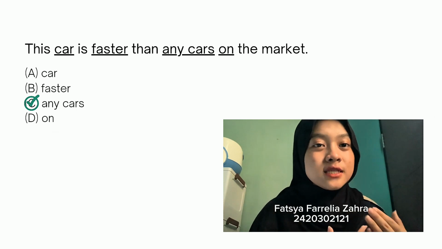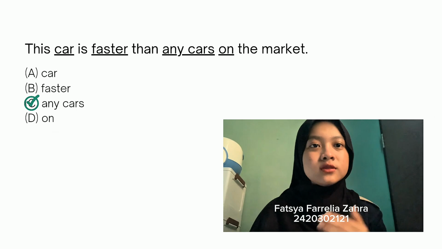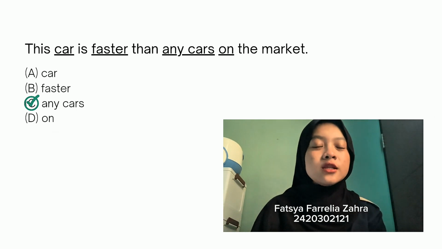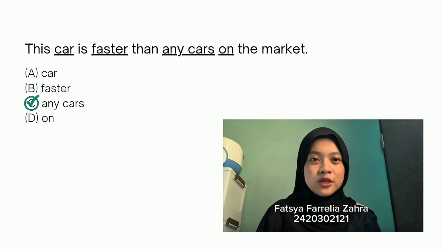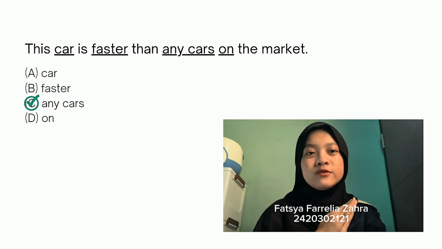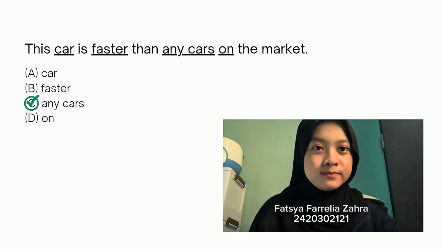The correct phrases are either any other car or all other cars. That's how you can answer error recognition TOEFL questions. Thank you. I hope it will be helpful for answering any TOEFL question types.